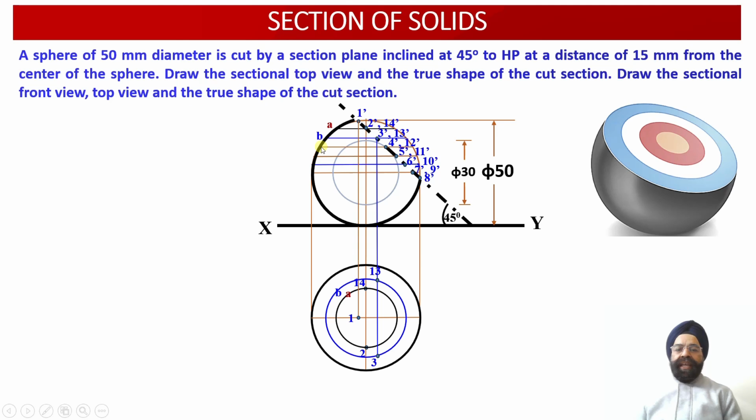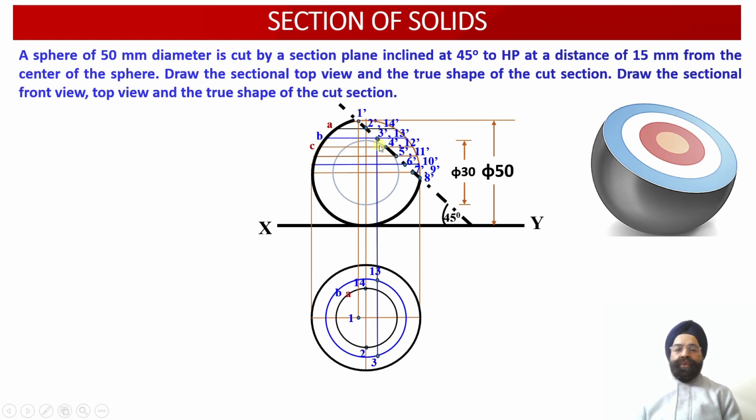Now similarly, here we have ring number 3 corresponding to which again 2 points of intersection, that is 4 dash and 12 dash, have been obtained onto this cutting section over here. So corresponding to the third ring, that is ring C, a different color we have chosen over here.